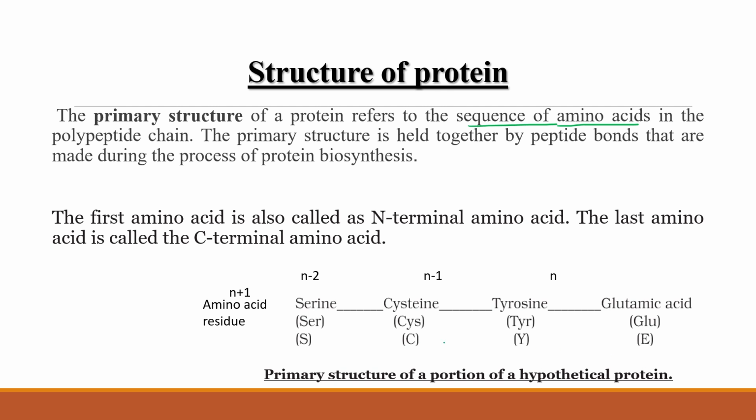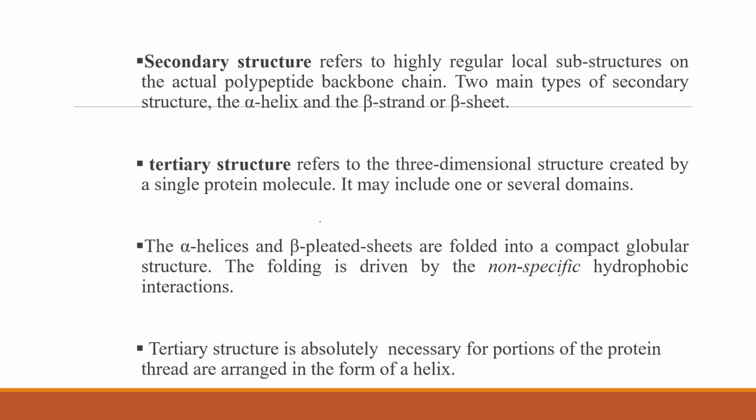So this is the primary structure, just alignment of different amino acids. The first amino acid is known as the N-terminal amino acid, and the last one is known as the C-terminal amino acid. Just the sequence of amino acids in a polypeptide chain is known as primary structure. Right, clear?